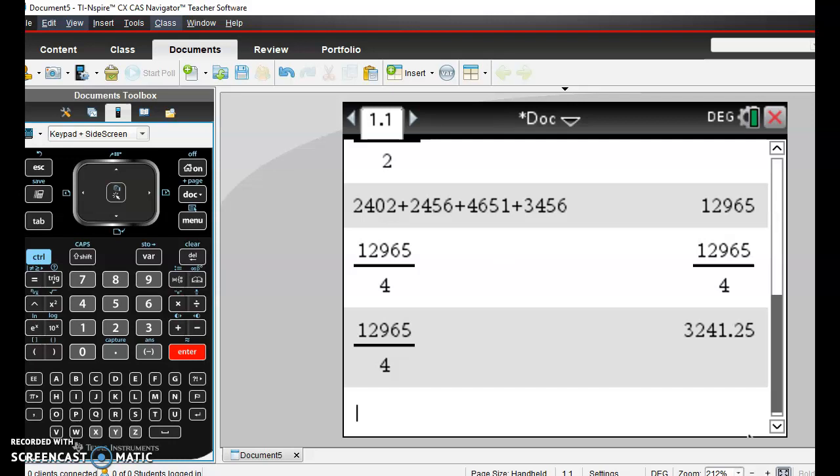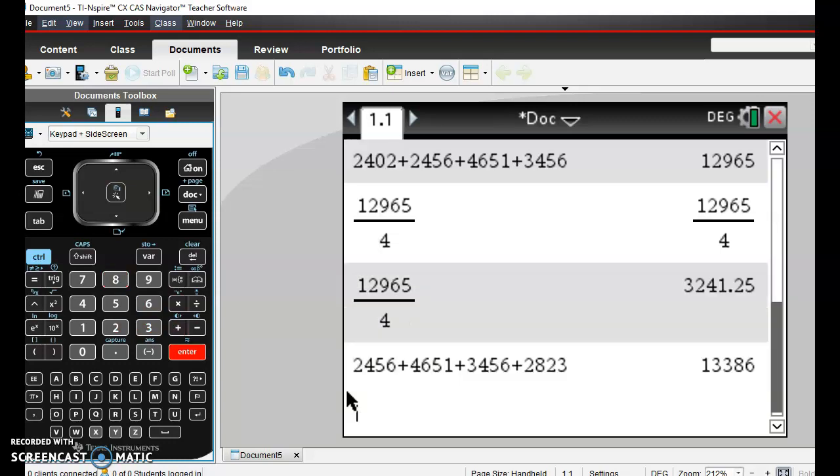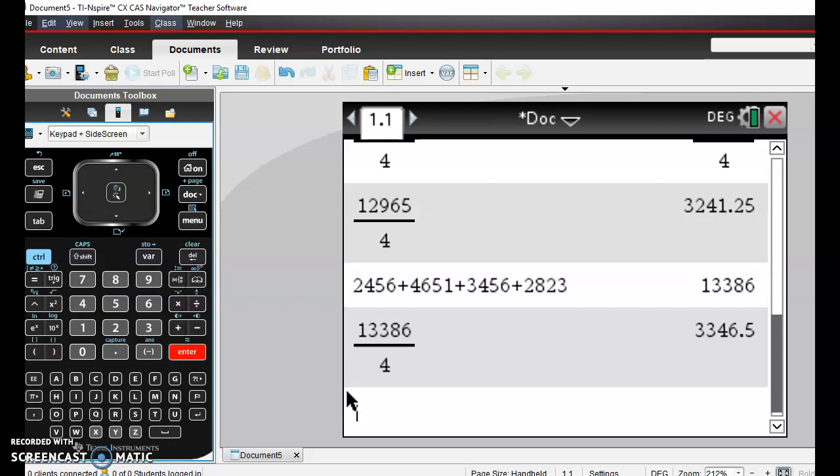Okay, and the second one is 2456 plus 4651 plus 3456 plus 2823 equals, then divided by 4, this time approximately equal to 3,346.